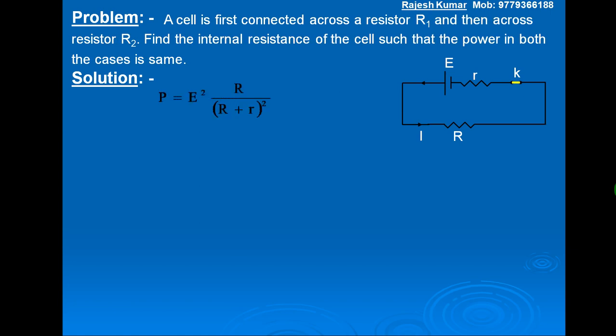Or P is equal to E square into R upon (R plus r) whole square. Let it be equation number 2.